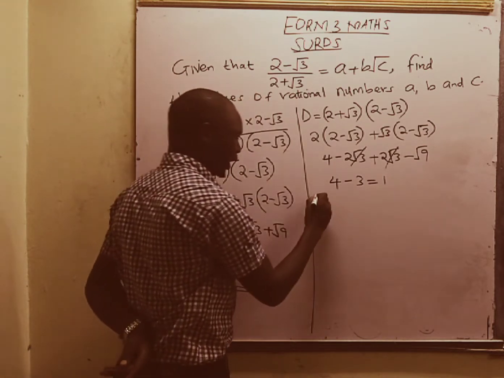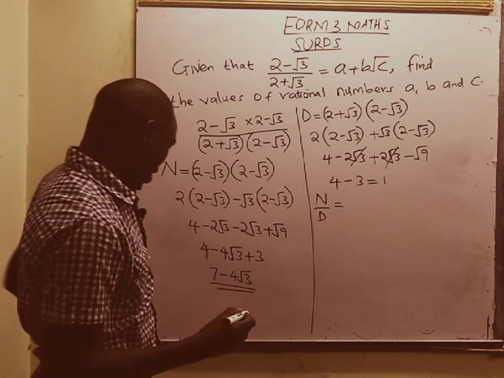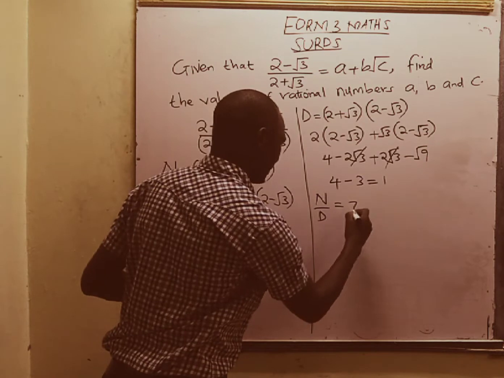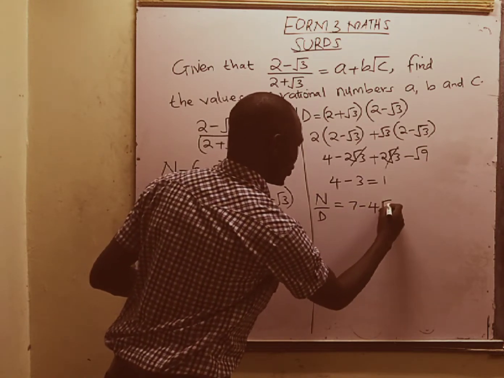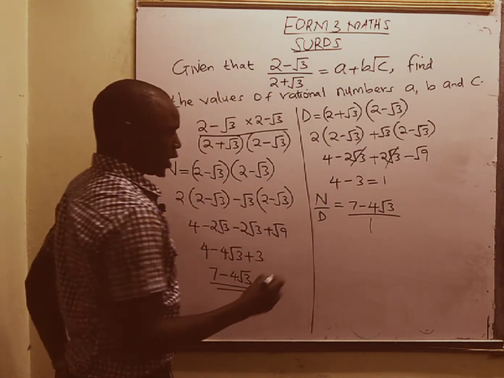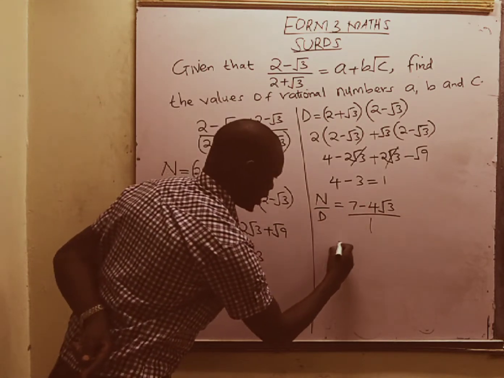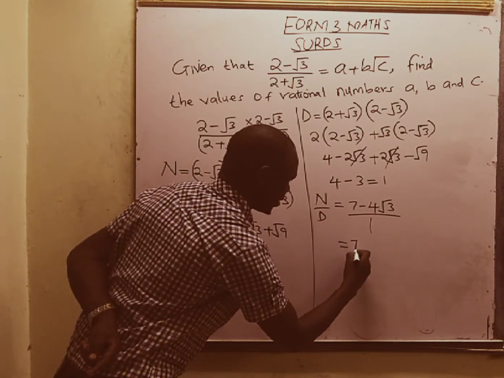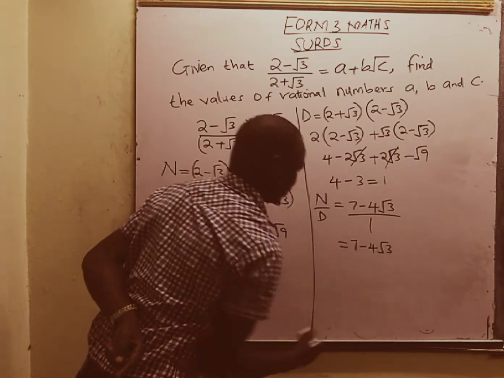If you connect the numerator and the denominator, our numerator is 7 minus 4 root 3. You divide by the denominator, which is 1, and if you divide anything by 1, the answer will still remain 7 minus 4 into the root of 3.